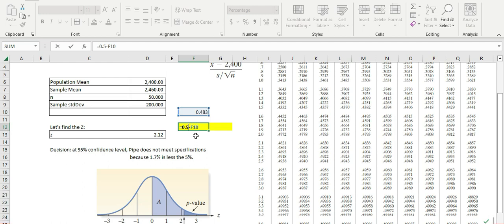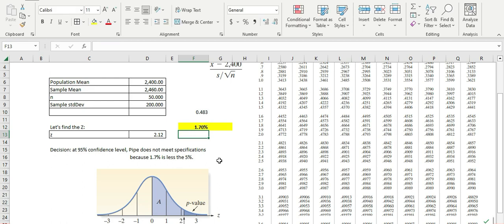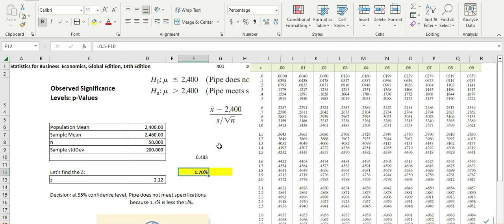So we're just using the fixed value of 0.5 to find out if it's lower or greater than 5%. That's how easy it is to determine a p-value. It's not so complicated.